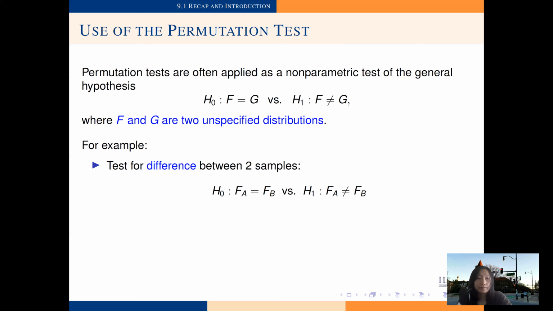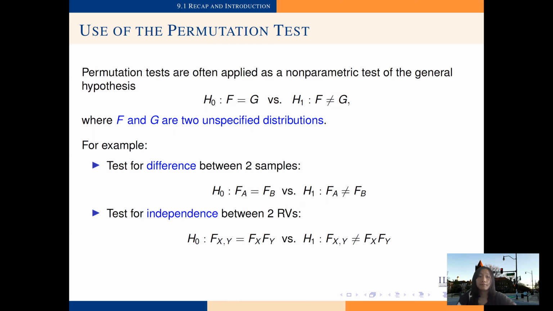For example, we can test the difference between two samples, where the null hypothesis is that the distribution of the data in group A is the same as that in group B. In this case, we do not specify what exactly FA and FB are.